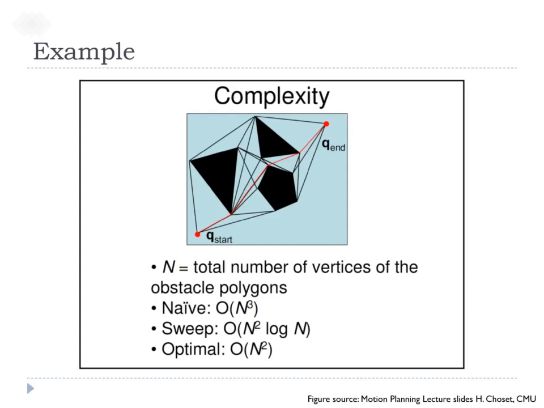So overall you will have big O n cube computations required for a naive approach. But if we use a sweep line algorithm or the rotational plane sweep algorithm we discussed right now, using a binary search tree as the data structure for storing information, then this gives us big O n square log n, and a more optimal solution is of the order of big O n square.